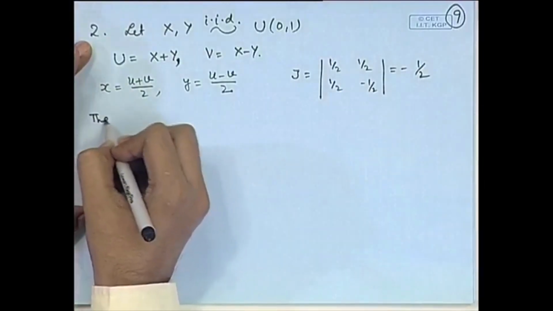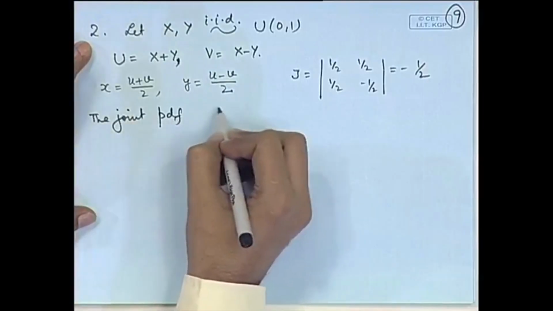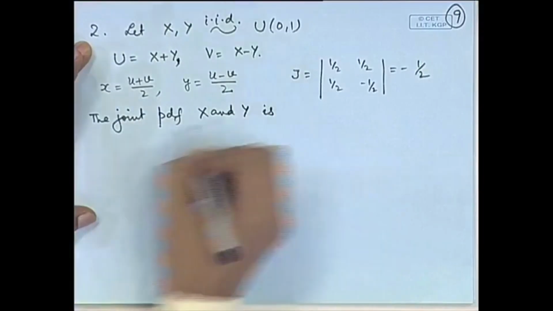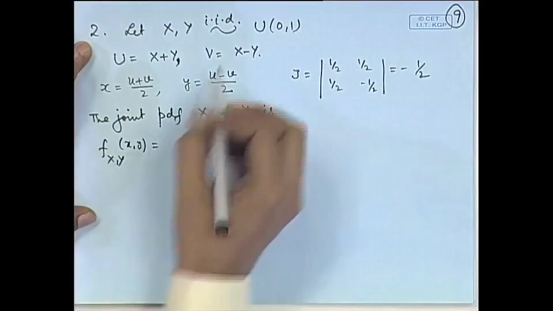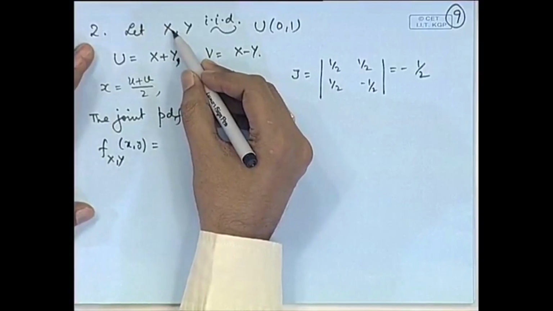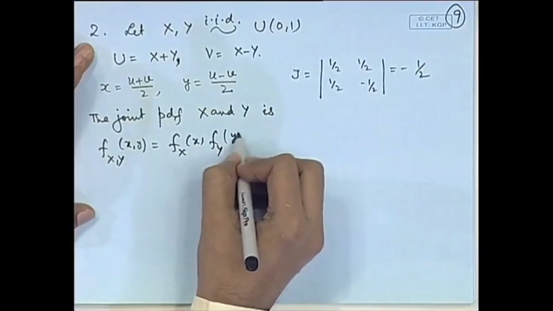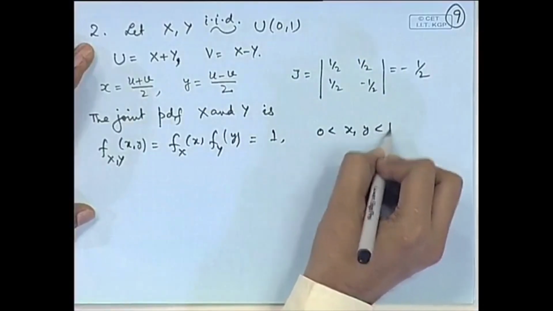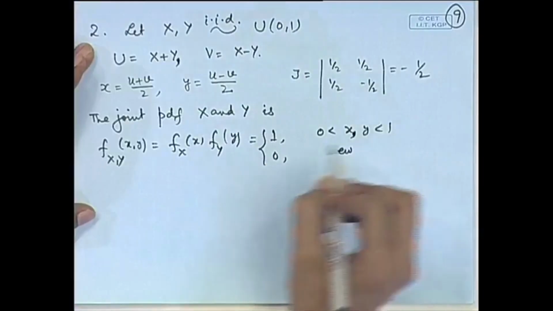So, the joint PDF of, say, x and y, that is f_xy, it is the product of the individual distributions of x and y, both are uniform 0 1. So, it is simply 1 for 0 less than x, y less than 1 and 0 elsewhere.